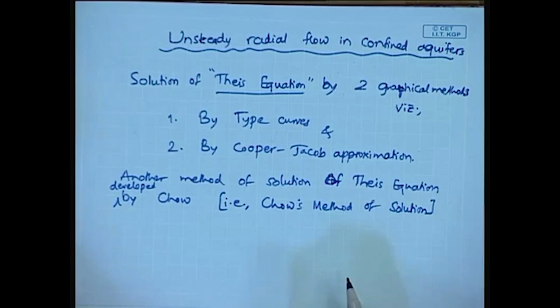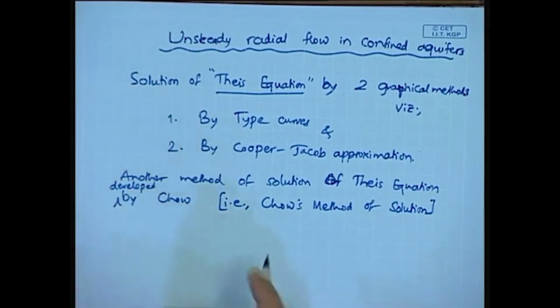That means the drawdown axis is on a linear scale, and the time axis is on a logarithmic scale. On the plotted curve, arbitrary points are chosen and their coordinates, the time t as well as the drawdown s, are determined.